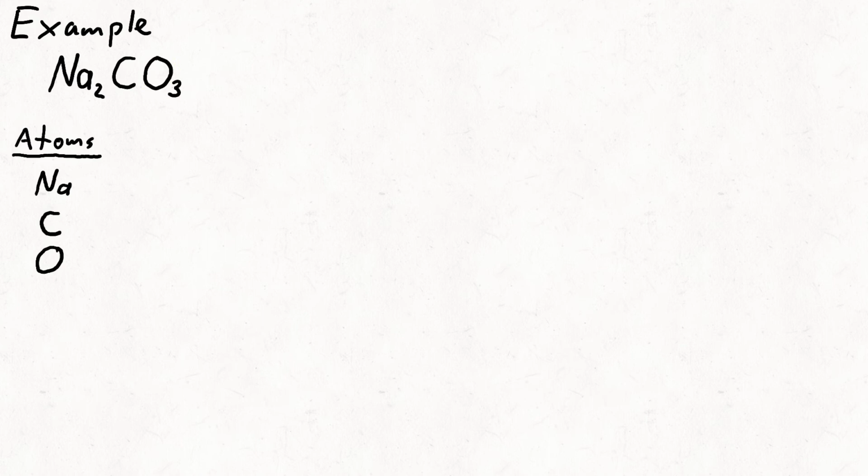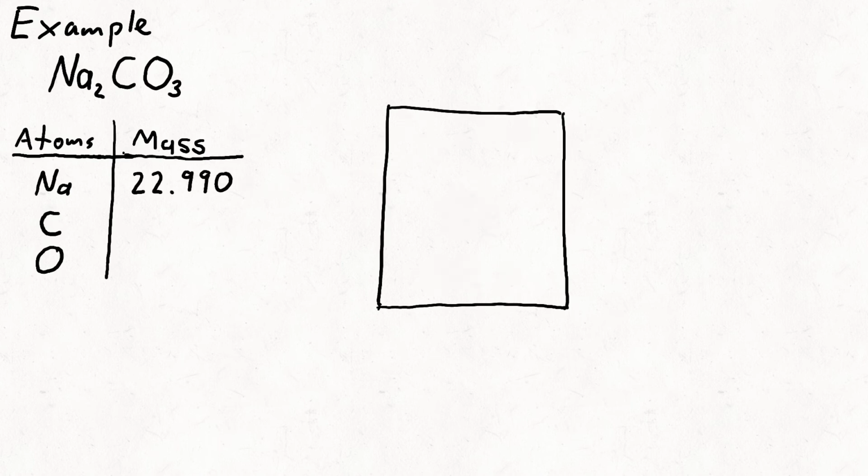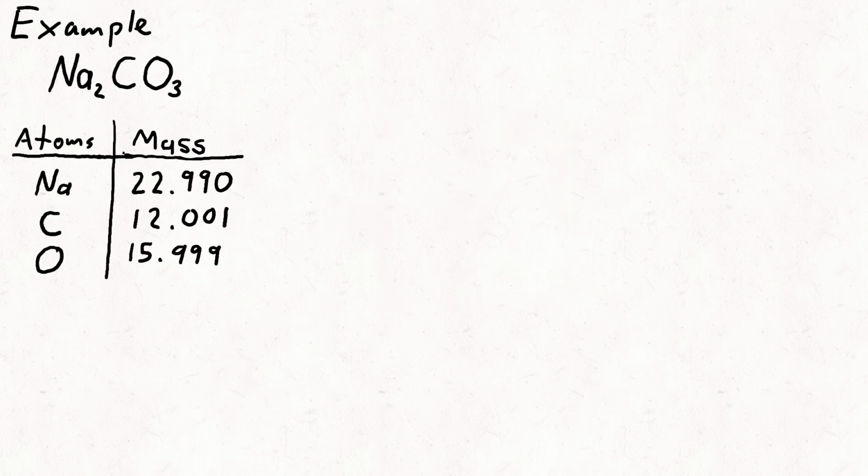Now we need to find the atomic mass of each atom. Na is sodium. According to the periodic table, sodium has a mass of 22.990. Next, carbon has a mass of 12.011. Finally, oxygen has a mass of 15.999. What is the mass of one Na2CO3 molecule?